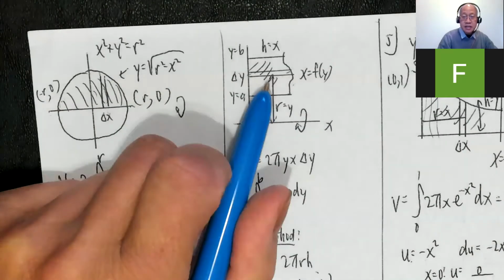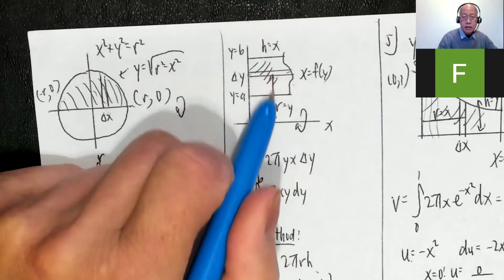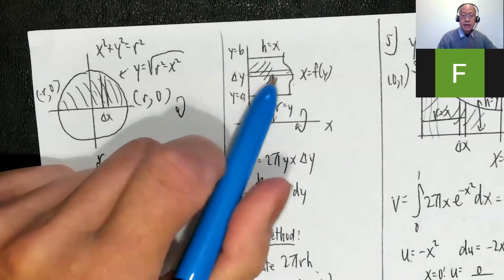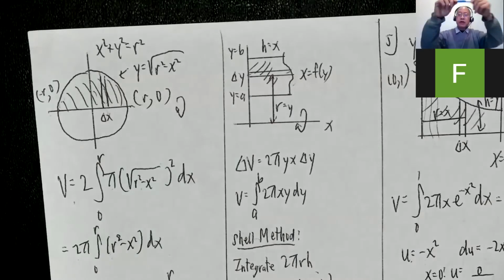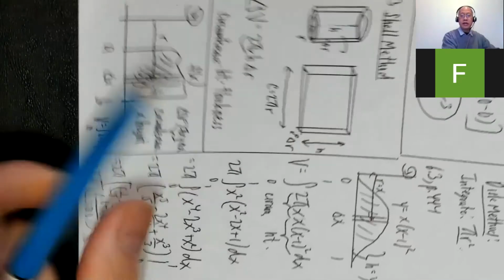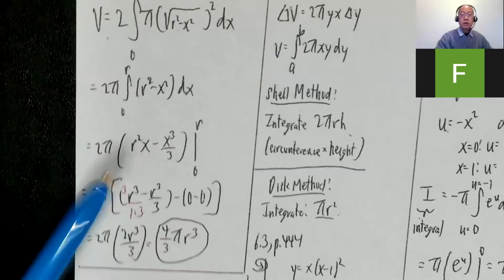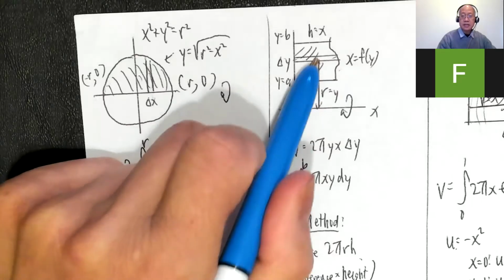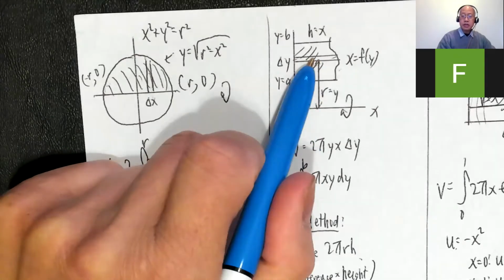If I sliced this way and spun about the x-axis, that would look to me like a washer. Take my pen and spin it this way, and I get something that looks like this, or more accurately, turn 90 degrees, something like that. So the radius, the distance from the thing I'm spinning about, is this distance, and in this picture that's going to be y.